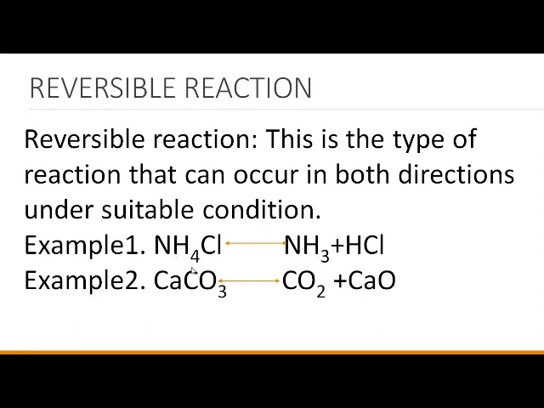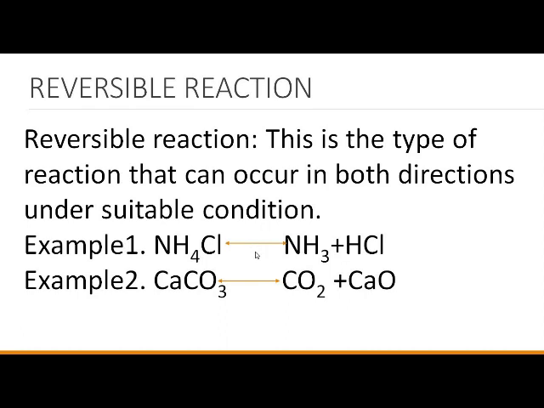One of the basic features of knowing what a reversible reaction is, is when you notice that the arrow has a double end. You can see this. This is an indication that this is a reversible reaction, as we have double arrows facing both directions. Now, another example of a reversible reaction, the first, is the decomposition of ammonium chloride to form ammonia and hydrochloric acid. This is a reversible reaction.